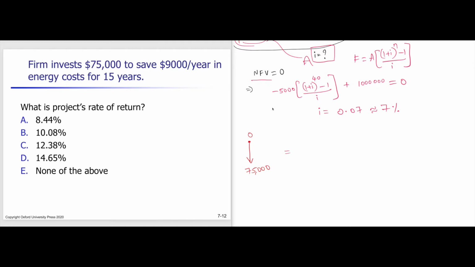Due to this, what's resulting is $9,000 per year for the next 15 years. That means if this is 0, 1, 2, 3, and so on to 15, we're getting a positive cash flow of $9,000. For this to happen, what is I? How do you solve this problem?